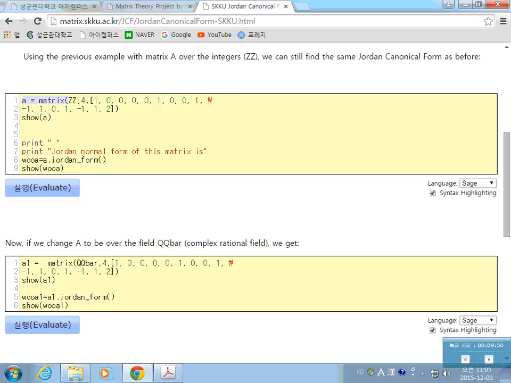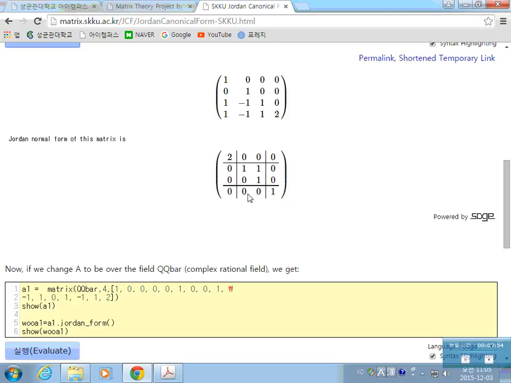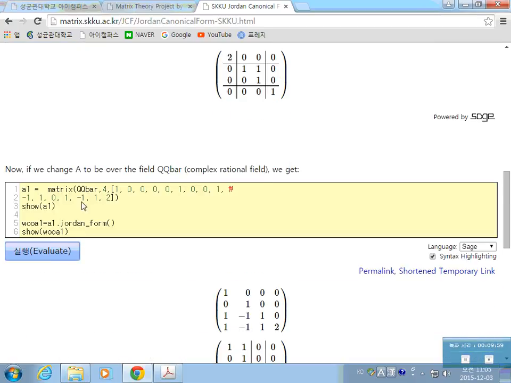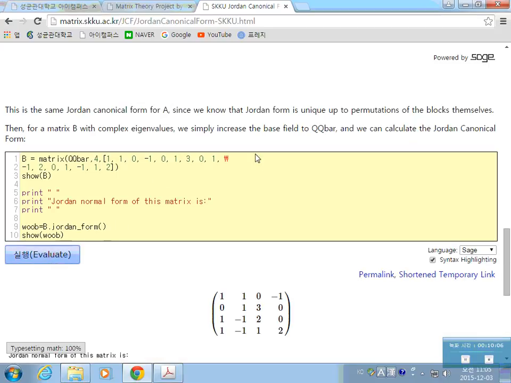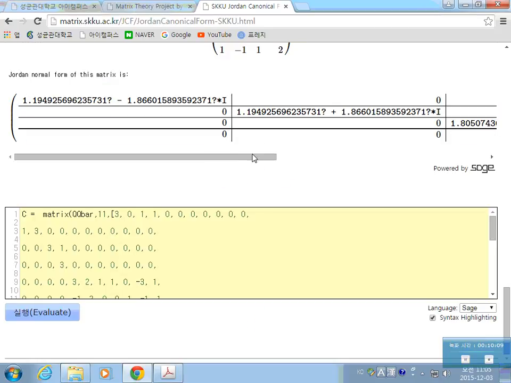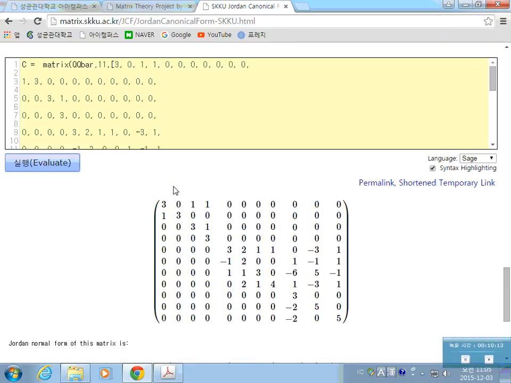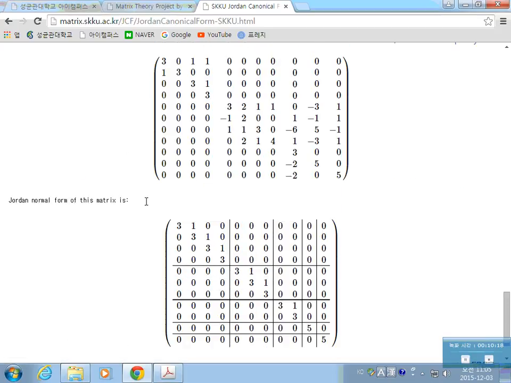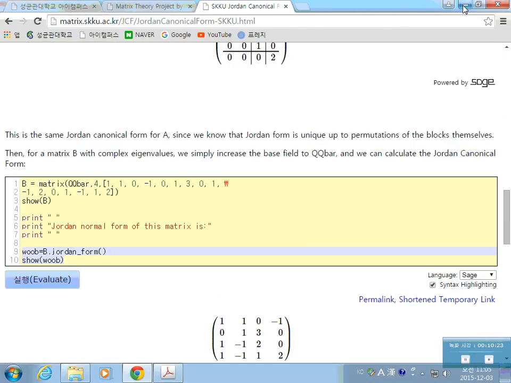If you have a 4 by 4 matrix like this, you will see its Jordan canonical form like this, and the Jordan canonical form of other given matrices, including one of bigger size. The same code works if you just put in the right matrix. This is a simpler version.